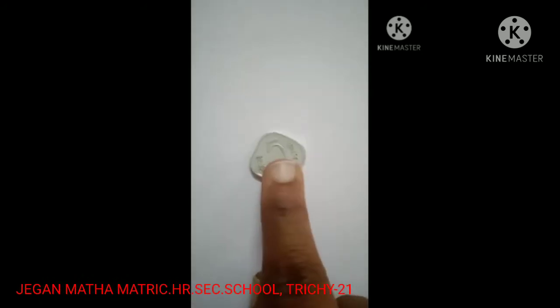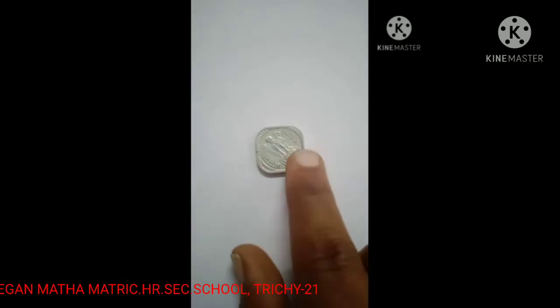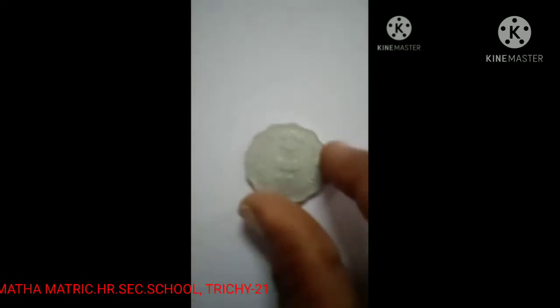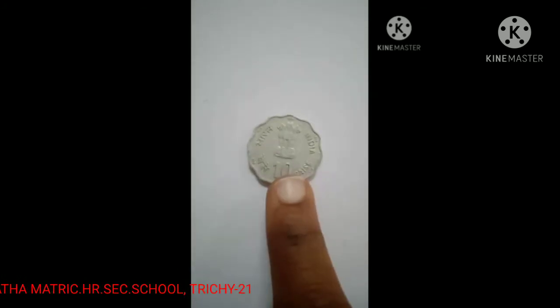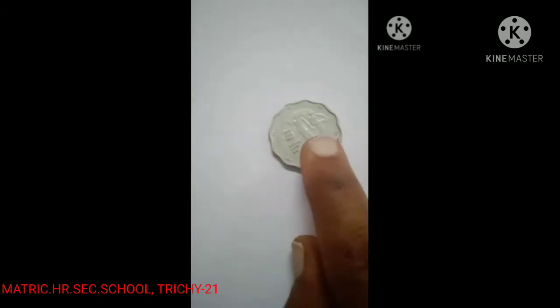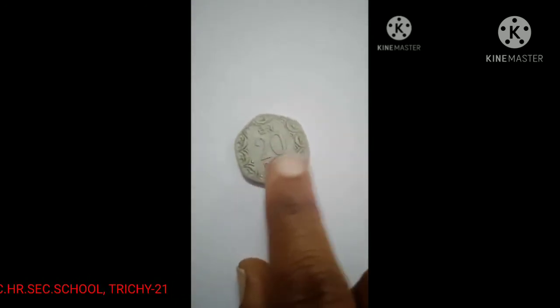Okay kids, shall we see some old coins? Now look here. This is a 5 paise coin. Now see the next one. See the value of the coin. This is a 10 paise coin. Next one is 20 paise.